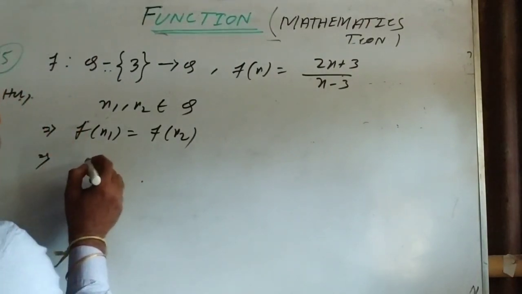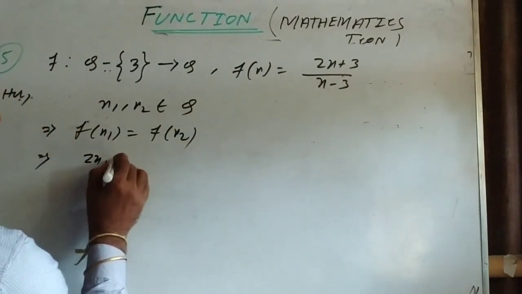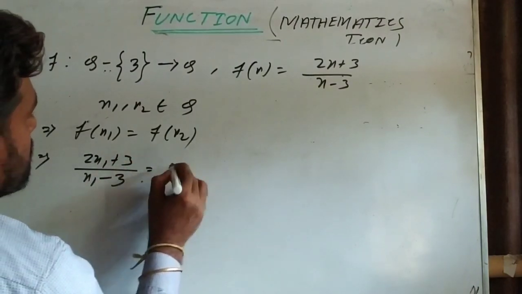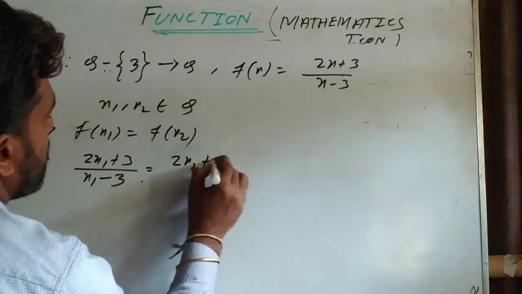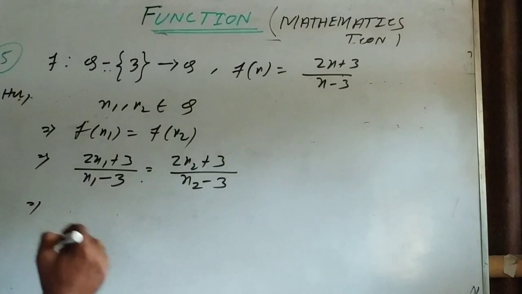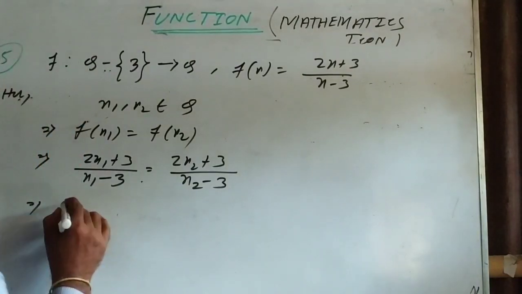So f of x1 that means what, 2x1 plus 3 by x1 minus 3. ऐसा क्वेश्चन हम लोगों ने लास्ट वीडियो में किया था, जहां तक मुझे याद है, 2x2 plus 3 by x2 minus 3.